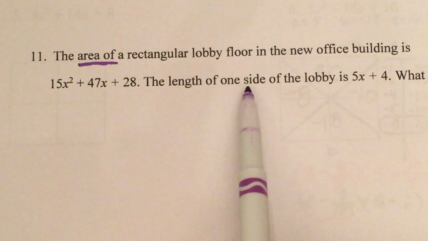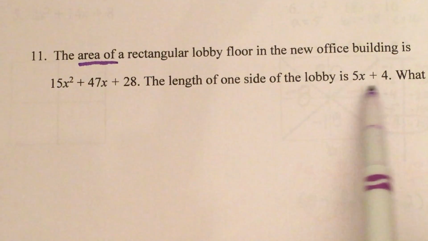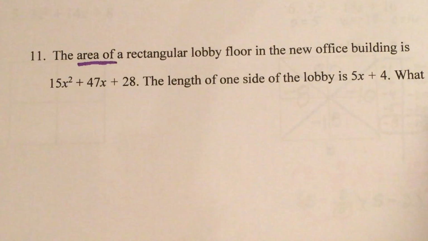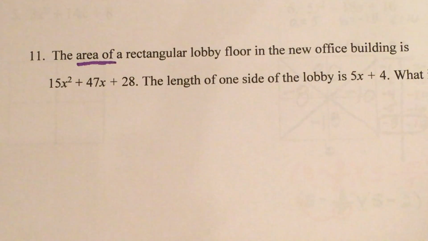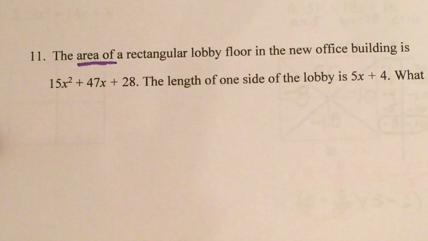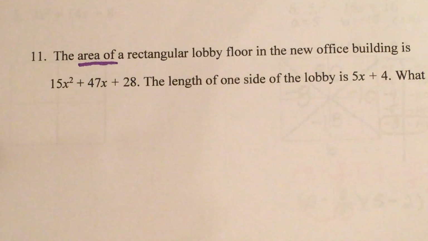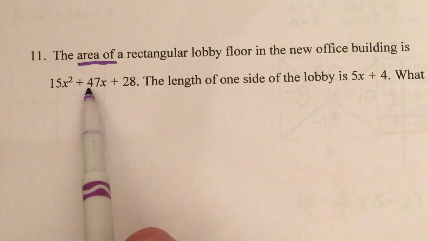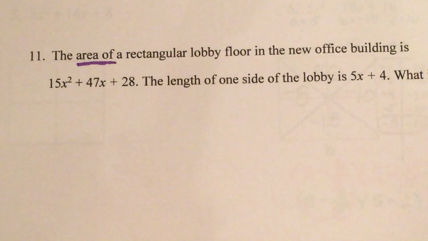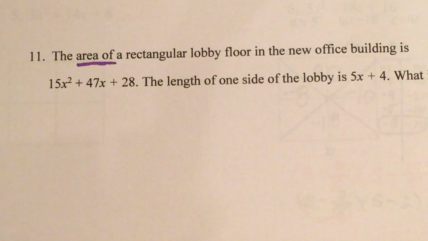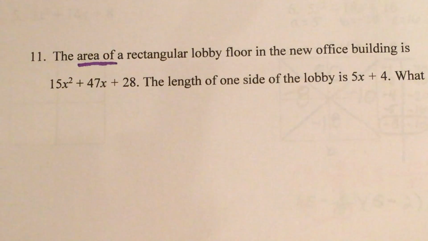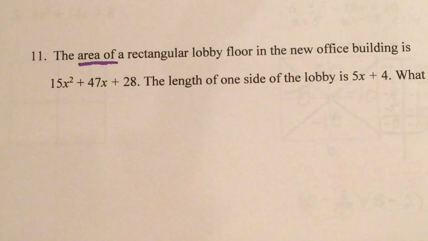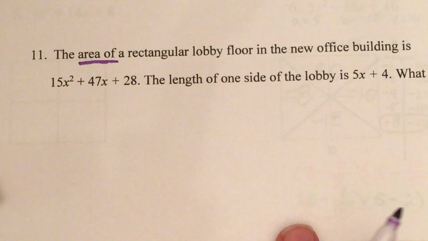The length of one side of the lobby is 5x plus 4. So we need to go find the width. We got this. We can totally do this. All right. So first things first, 15, 47, 28. Do those have anything in common? No. Those are miserably different. All right. Let's go through the process.